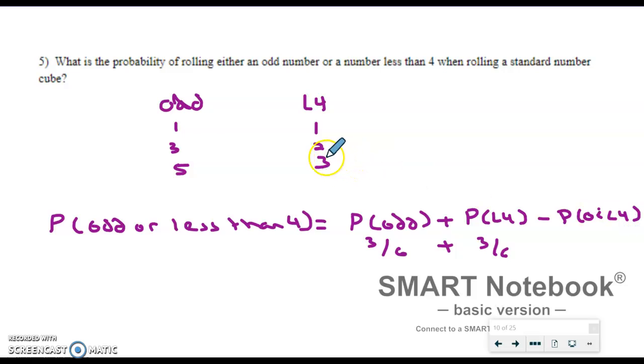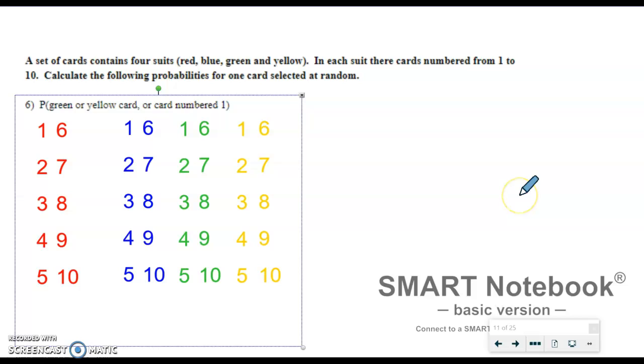How many times do I have a number that's odd and also less than 4? It looks like 2 outcomes. So 3/6 plus 3/6 minus 2/6 is 4/6, which is 2/3, which is 66%.